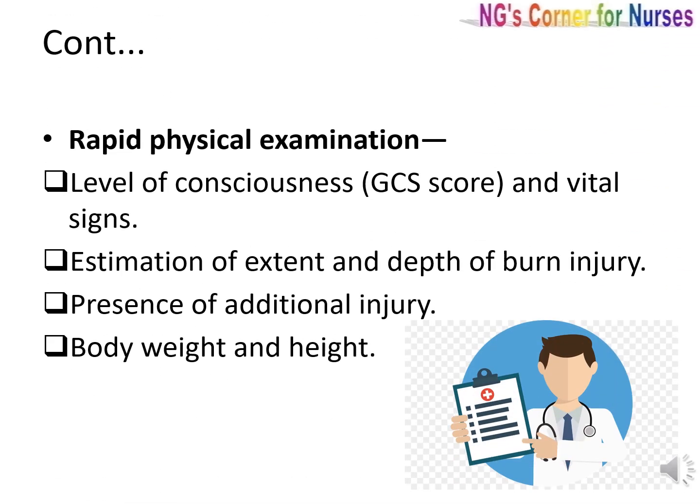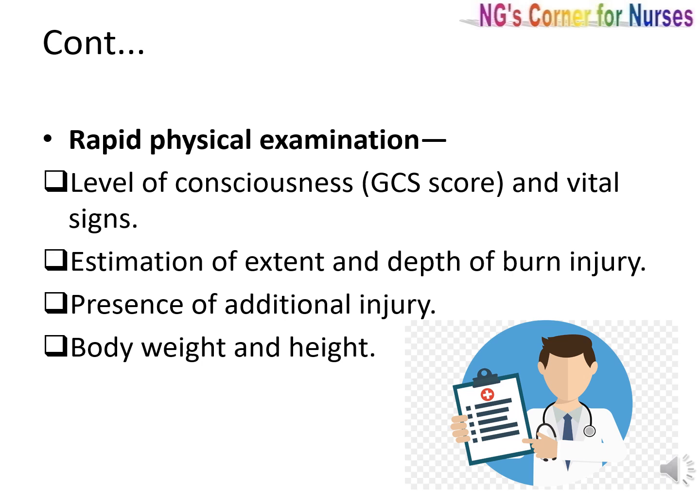Next, we have to do a rapid physical examination to know the GCS score and the vital signs. Then the estimation of extent and depth of burn injury. This is the most important step in burn management. According to the extent and depth of injury, we will manage the patient further.